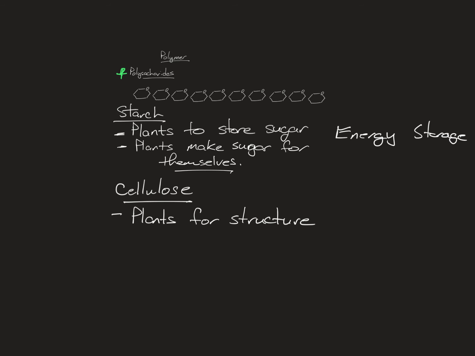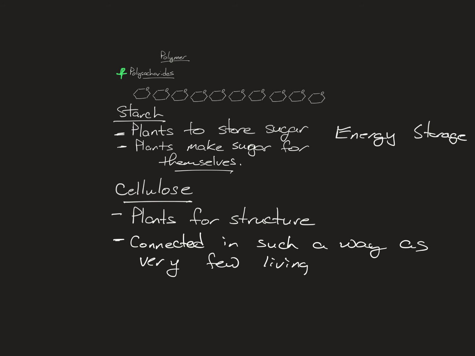Both starch and cellulose are made of glucose, but they're connected differently in such a way as very few living things can break it apart.